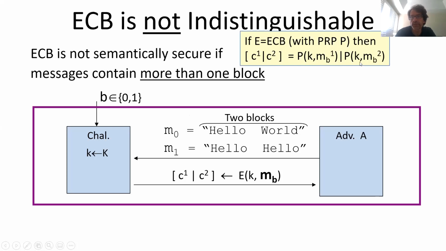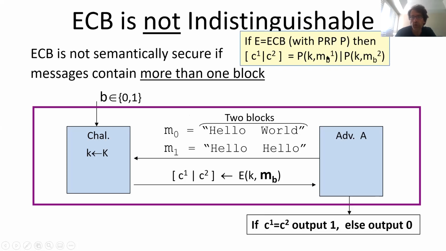And C2 is the permutation, PRP, with this key applied to the second block of the MB message. And so if the bit is 0, then these two blocks are different. If the bit is 1, then these two blocks are the same. So this is your decision procedure, and it gets you fantastic distinguishability, right?